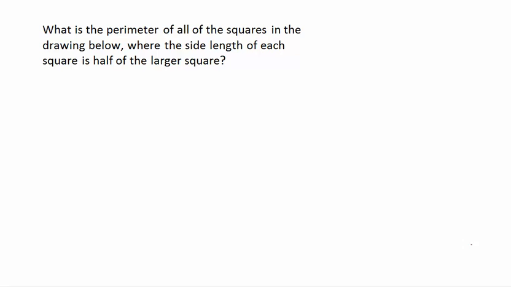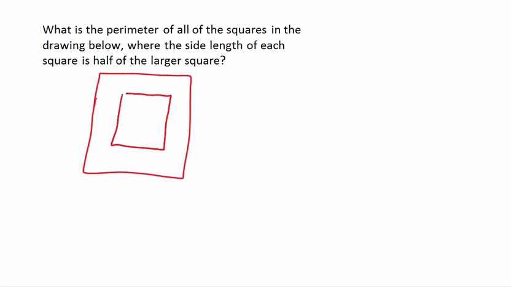What is the perimeter of all the squares in the drawing below, where the side length of each square is half of the larger square? And so on to infinity. And in this example, I'm going to say that the side length of the outer square is 4 centimeters.